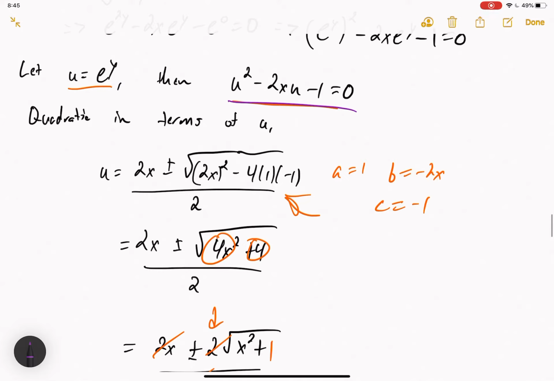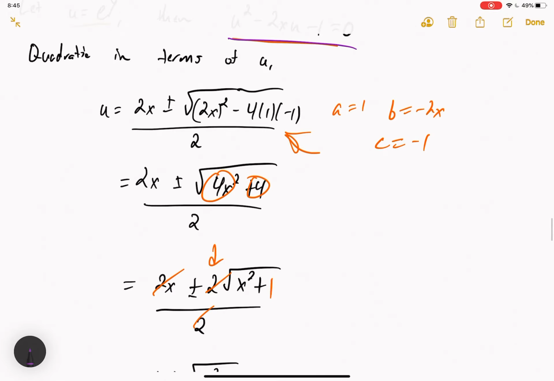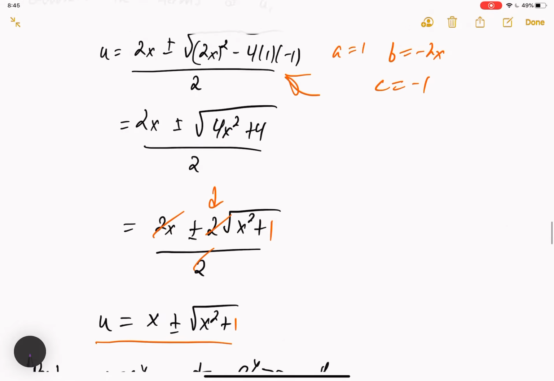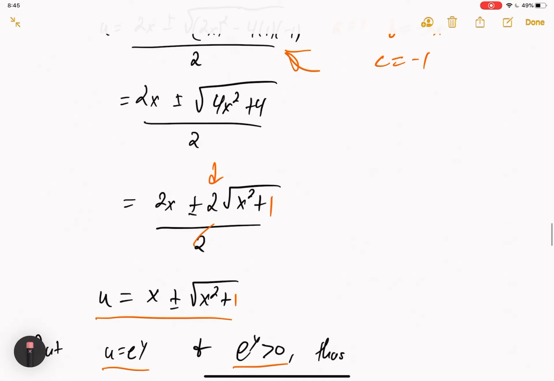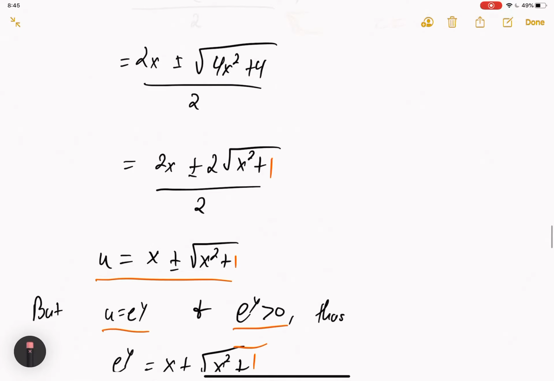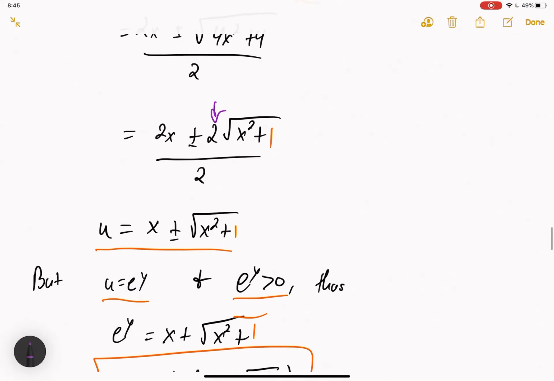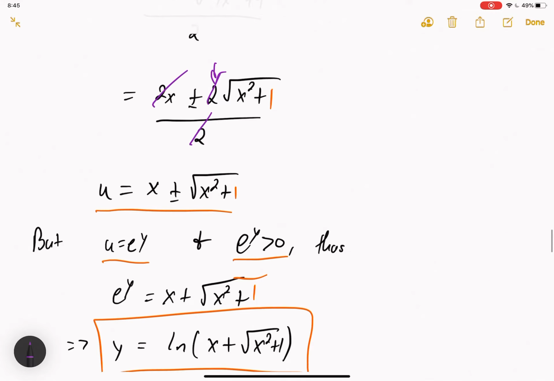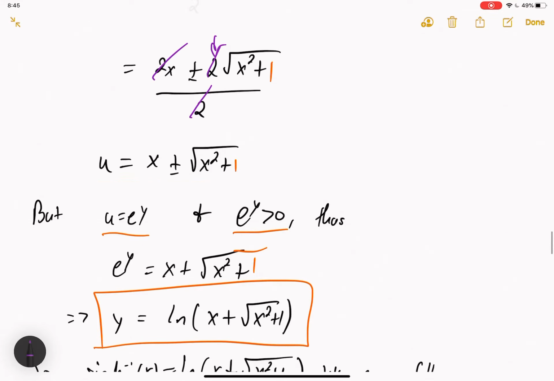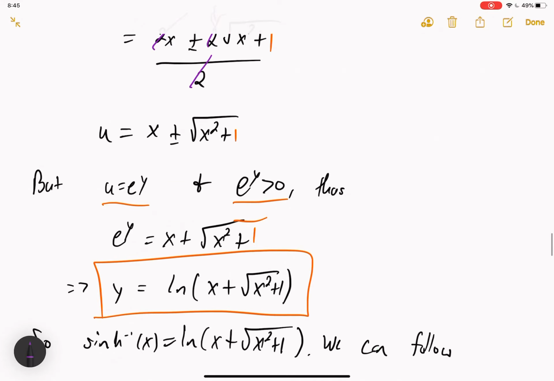We can just use the quadratic formula: a is equal to 1, b is equal to negative 2x, c is equal to negative 1. Then you just plug and chug, plug everything in and simplify. One of the things is 4x squared plus 4, you can pull out that 4, and that's how I got this 2 right here. You get x squared plus 1 remaining in the square root. You simplify these 2's, and you just get u is equal to x plus or minus the square root of x squared plus 1.